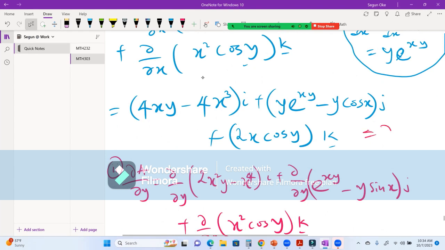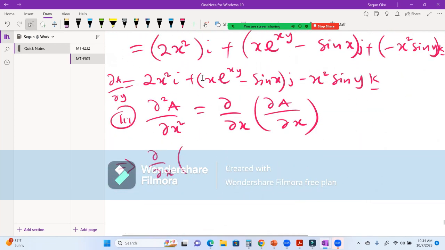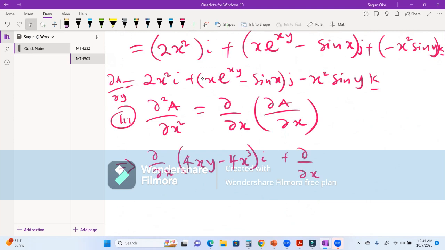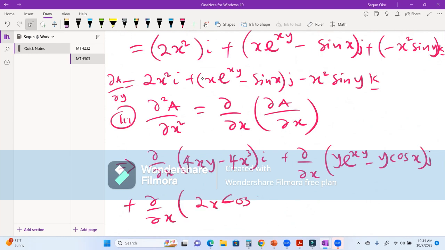Don't forget. So let's bring it in. The dA dx will be d dx of 4xy minus 4x cubed i, plus d dx of y exponential xy minus y cos x j, plus d dx of 2x minus 2x cos y k. That's it.